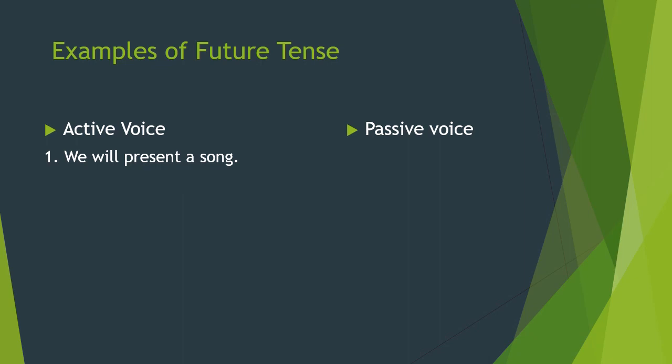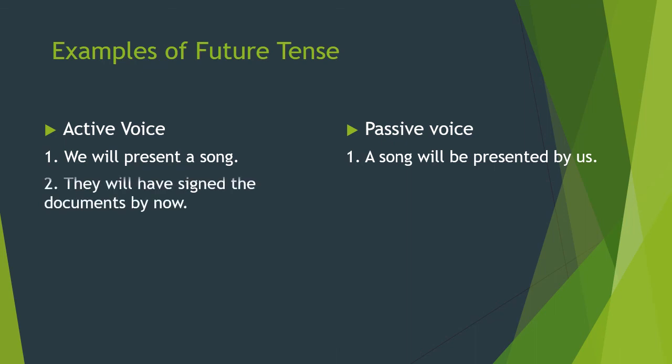Will present is future tense, simple future tense. Subject and object we need to exchange. So in passive voice, the sentence begins with a song. Verb will be presented. So the sentence in the passive will become a song will be presented by us.